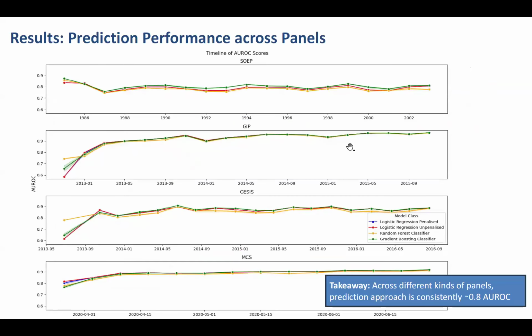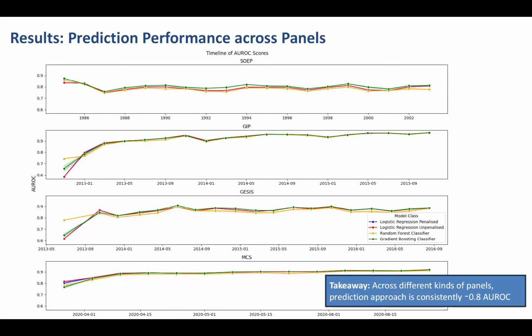So if we have this approach that is working consistently well across lots of different contexts, this opens up this possibility in machine learning called pre-training.